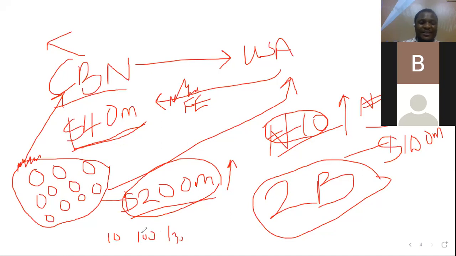So those excesses will go to our foreign reserve, which is in foreign currency. So CBN will now resort to their foreign reserve to collect more dollars and augment this $40 million so they can meet the foreign demand. This has been the pressure CBN is facing.